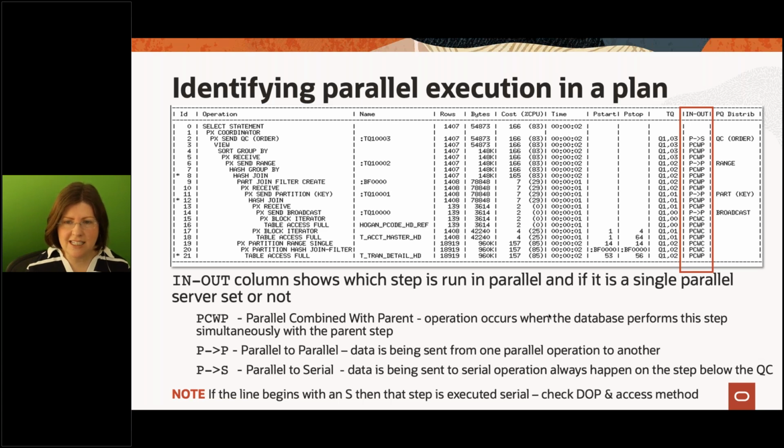And what it basically controls is whether or not the different steps in the plan are happening in parallel, if they are going serial, or if we're able to combine multiple steps in the plan. In other words, are we using producers and consumers so that the next step in the plan can actually be executing while the previous step is still underway? We call that parallel combined with parent.